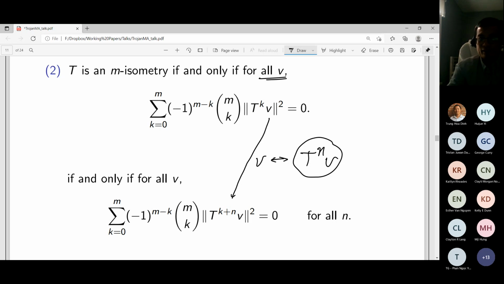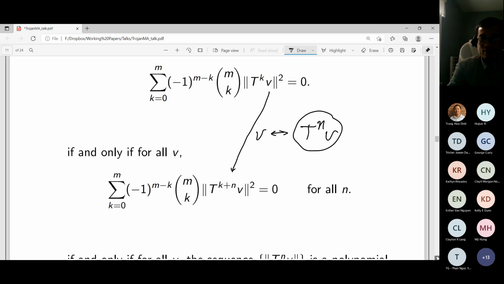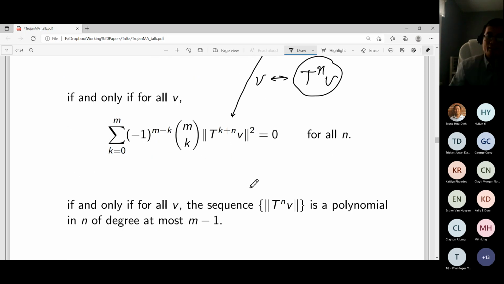But this tells us that the sequence of norm of T^n V squared, I made a typo, this is squared, is a recurrent sequence.